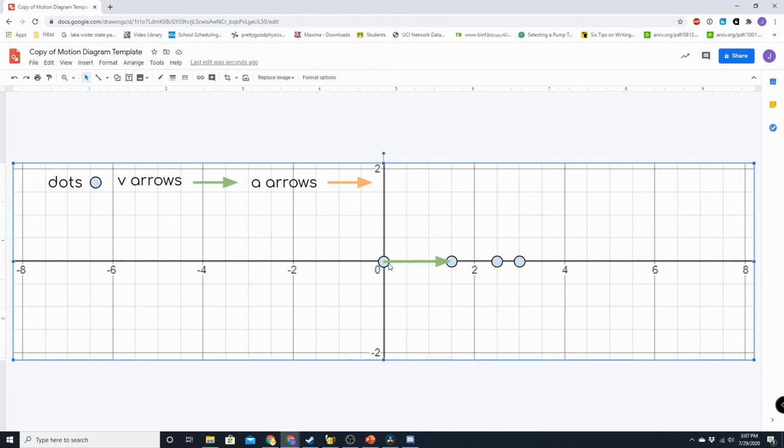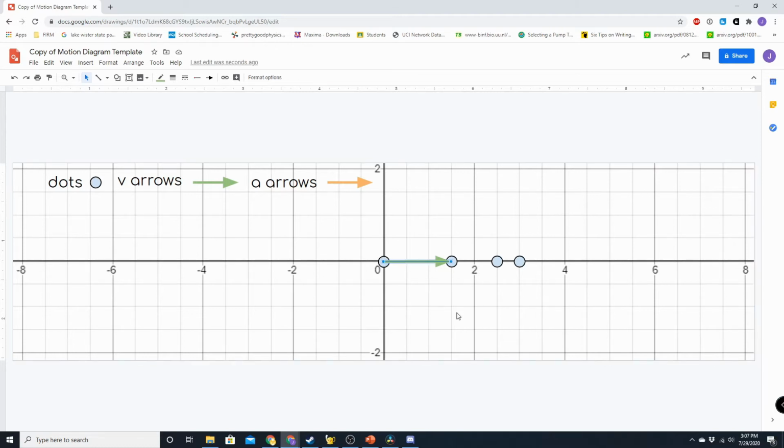So that's telling us not only how far we went during that interval of time, it's also telling us which direction, right? Because if we only had the dots, we'd have no idea whether this was a car slowing down going to the right or a car speeding up going to the left. So these velocity vectors are going to make very clear which one is happening here.